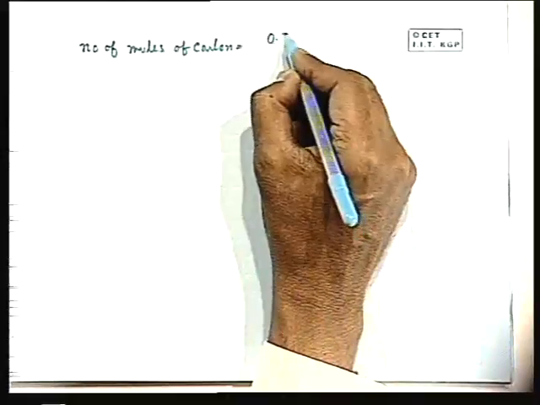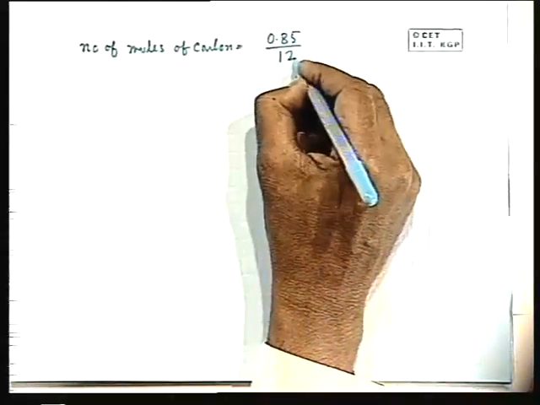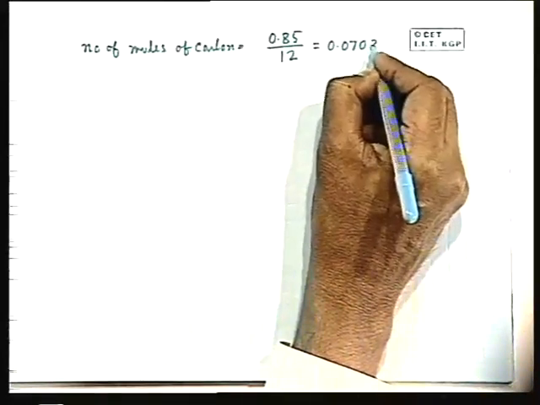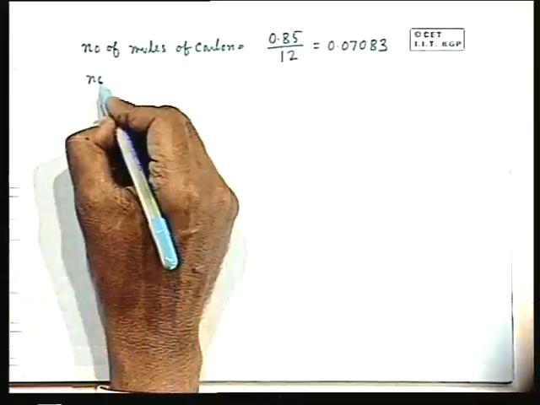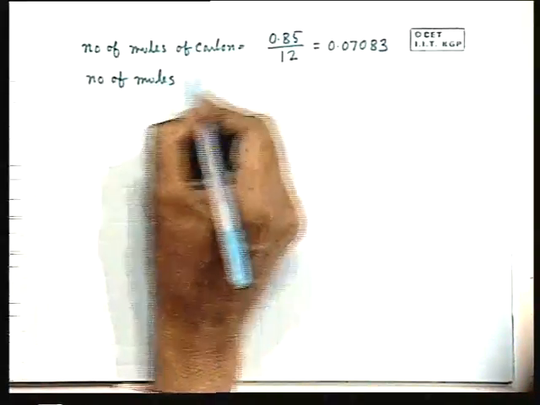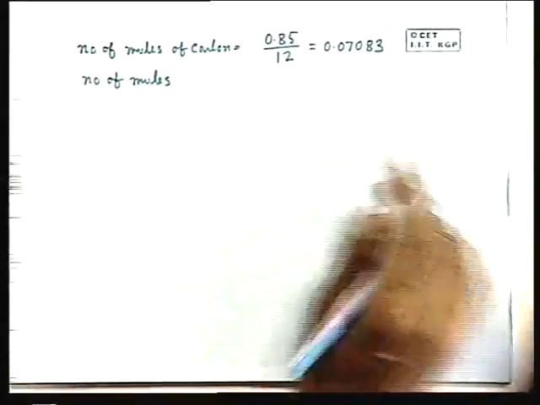So, number of moles will be 0.85 divided by the molecular weight of carbon, 12. This gives you the figure 0.07083. I am not writing everything per kg of fuel, it will take a long space.